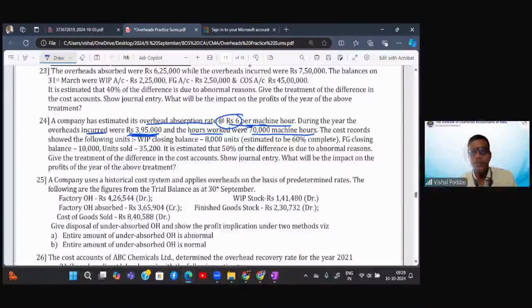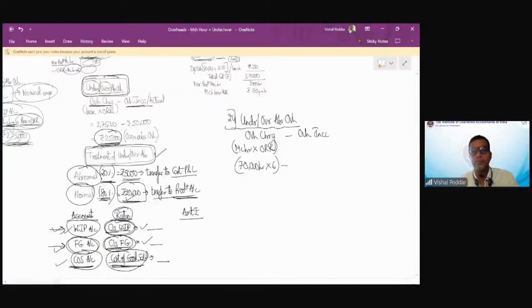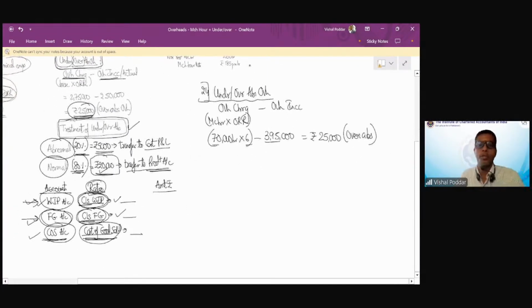So it is 70,000 into 6, and my actual overheads is 395. So 7 sixes are 42, so 4,20,000 is charged. 395 is incurred. So I have a difference of 25,000, which is my over absorbed overheads. It is the amount which I have overcharged or over absorbed throughout the year.